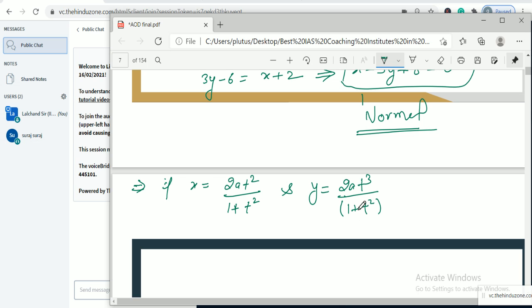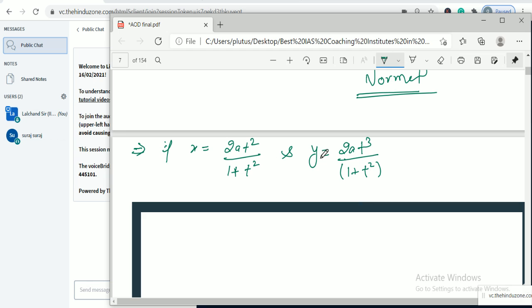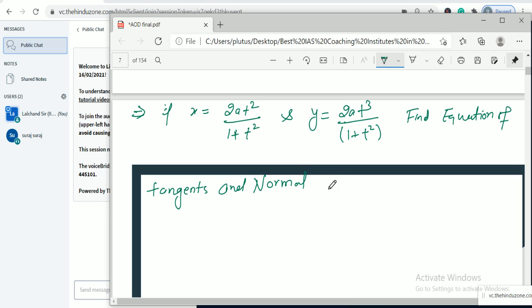Okay, to find the equation of tangent and normal, what we need to do: if x equals this and y equals this, then find the equation of tangent and normal at the point t equals 1 by 2.